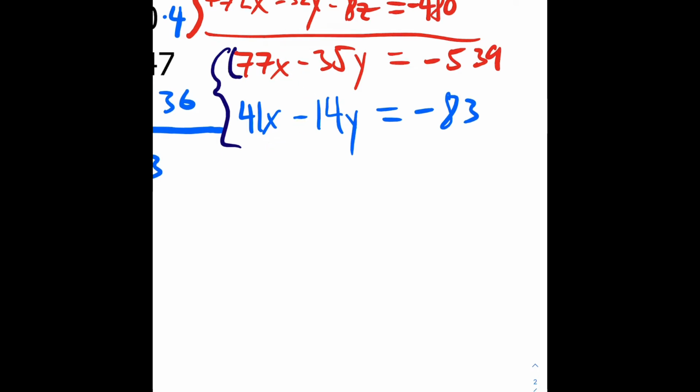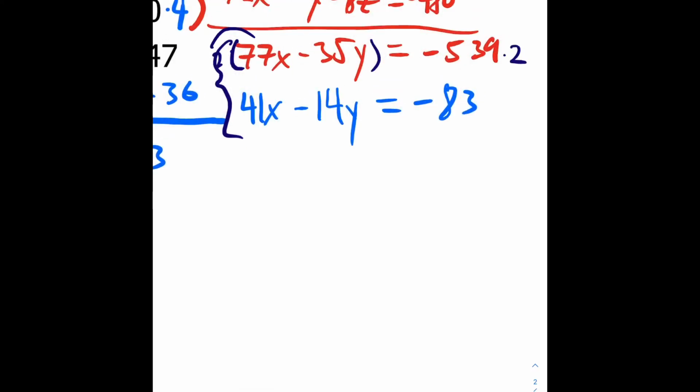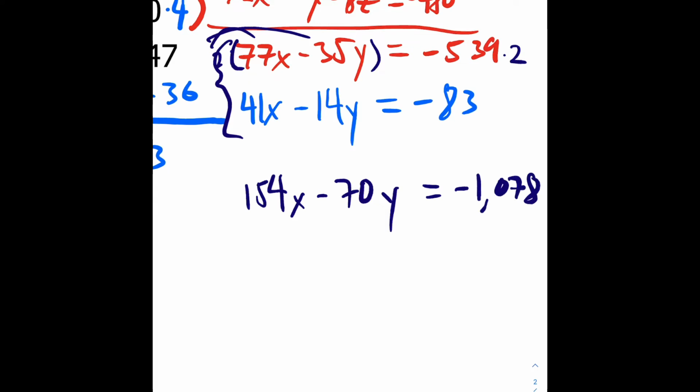So multiply by 2 on both sides in the top. What's 77 times 2? We get 154x minus 70y equals negative 539 times 2. That gives me negative 1,078.